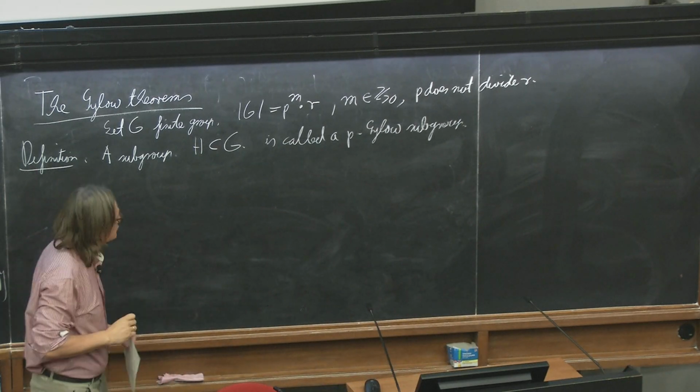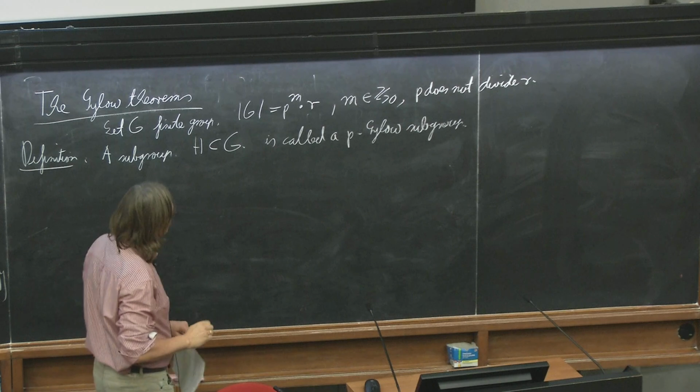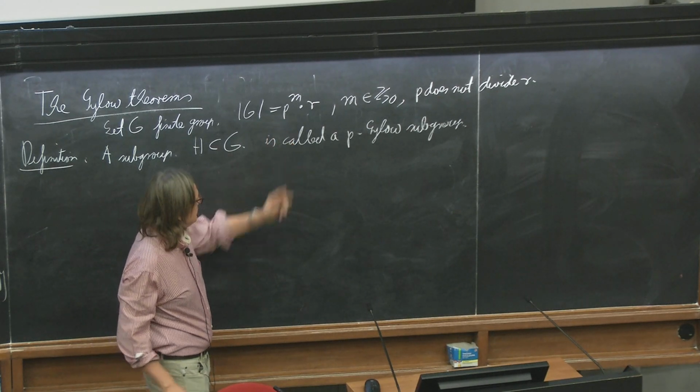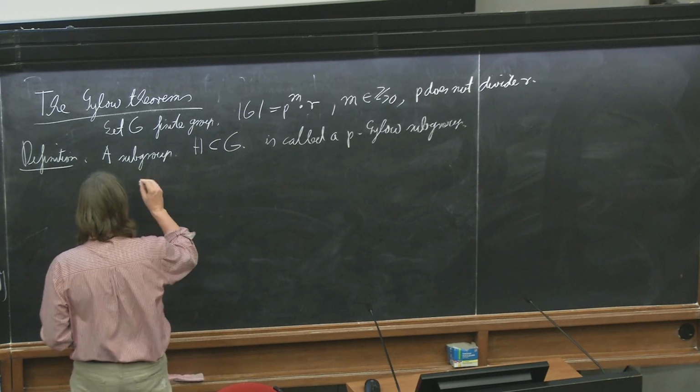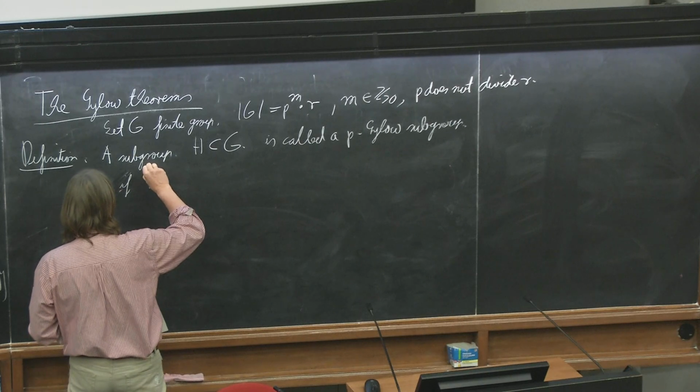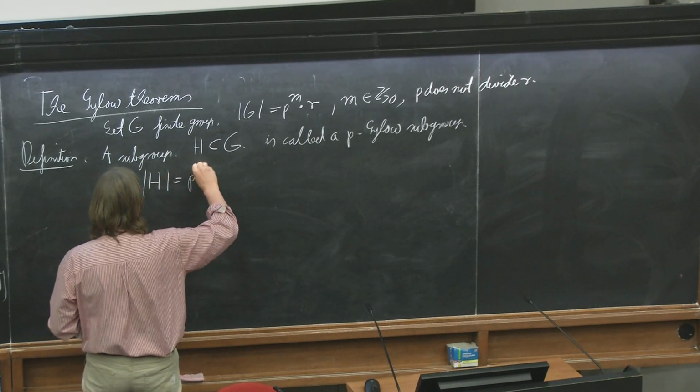A subgroup of this group will be called a p-Sylow subgroup if it has the maximal possible power of p as elements, so if the order of H is equal to p to the m.